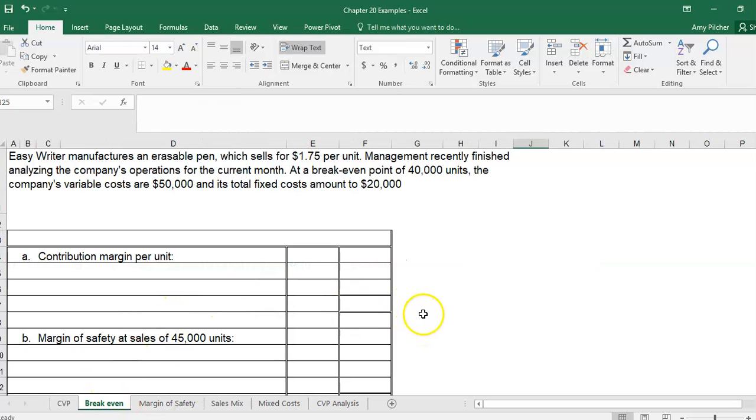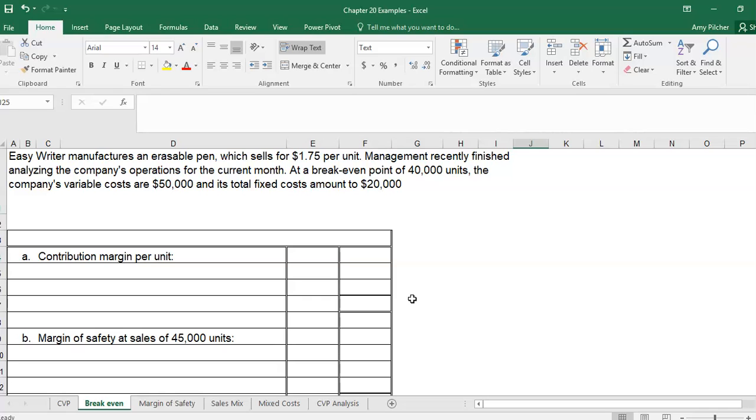Our next example looks at CVP analysis. So remember, in CVP analysis, we can look at the break even, the variable cost, the fixed cost. We're trying to decide how many units we need to break even, how much we can make with different amounts of sales.